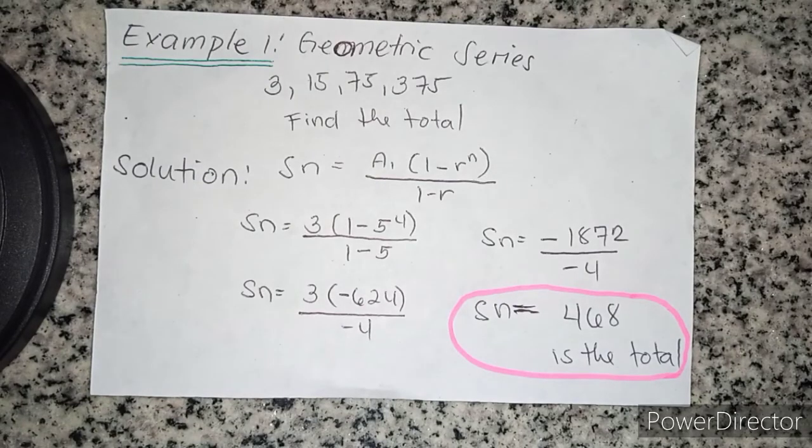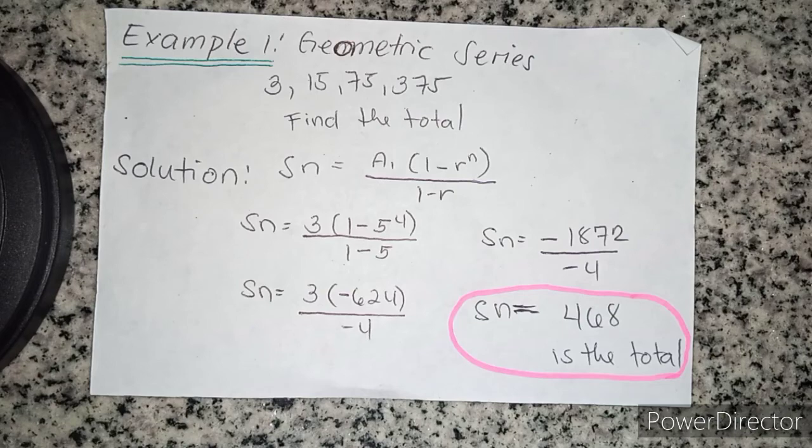Okay, so we have here a sequence of 3, 15, 75, and 375. We need to find the total of this sequence by using the formula Sn is equal to a sub 1 times 1 minus r raised to n over 1 minus r. First, we need to substitute the values.